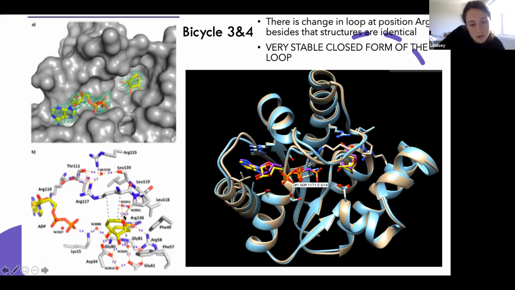Those water molecules and the ether bridge in arginine 136 form an H-bonded salt bridge, which anchors the molecule to the enzyme.